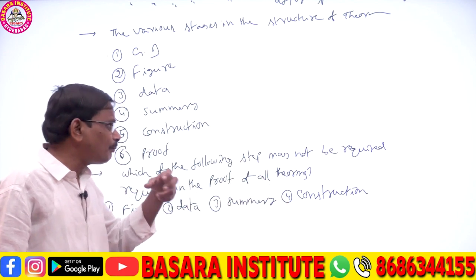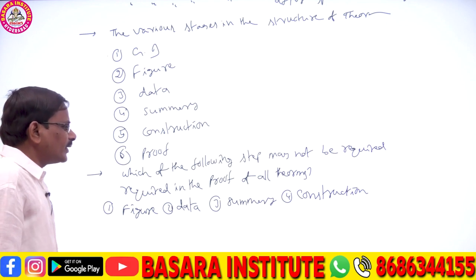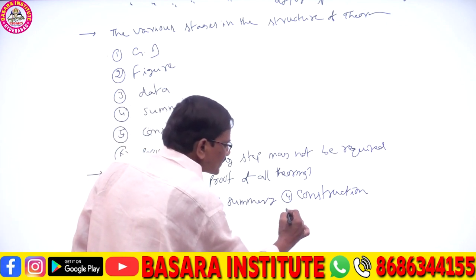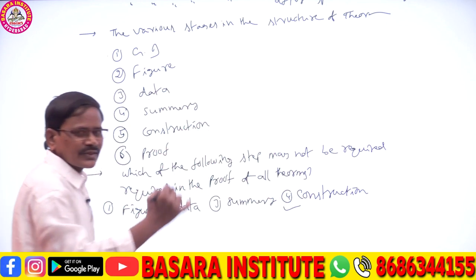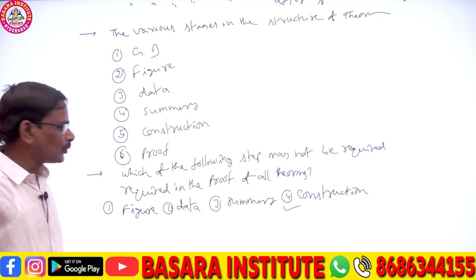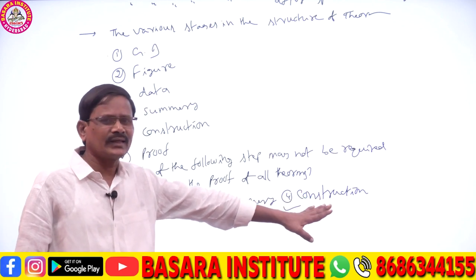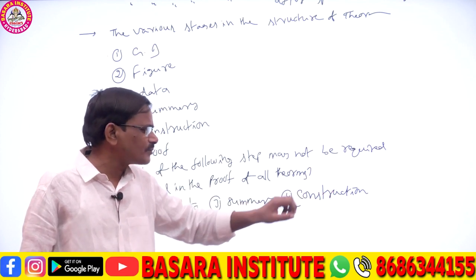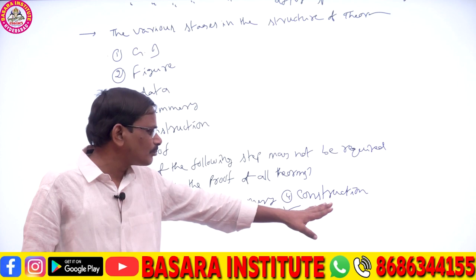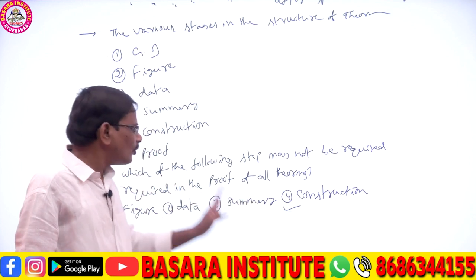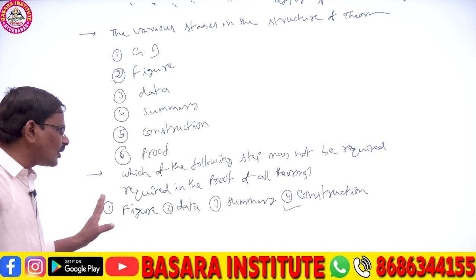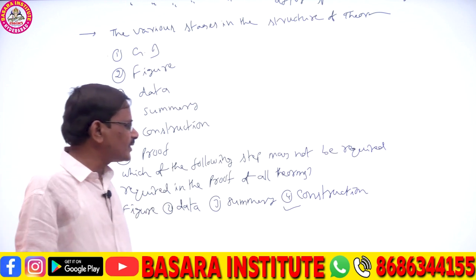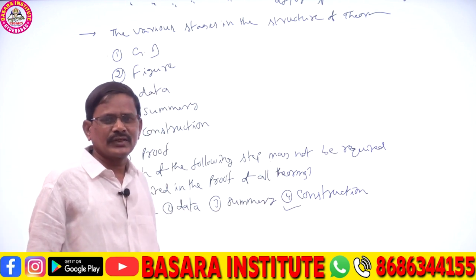So the step that may not be required in the proof of all theorems is nothing but construction. In some theorems we cannot build a construction, so it need not be necessary.